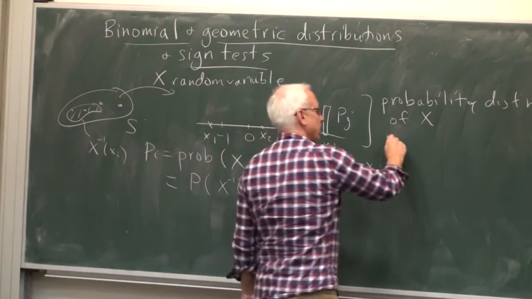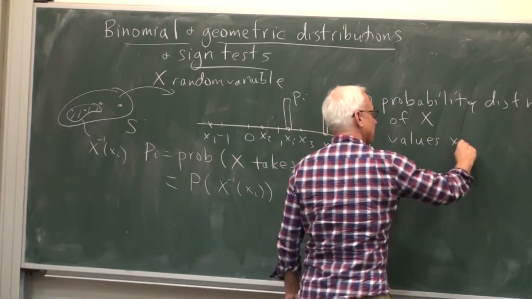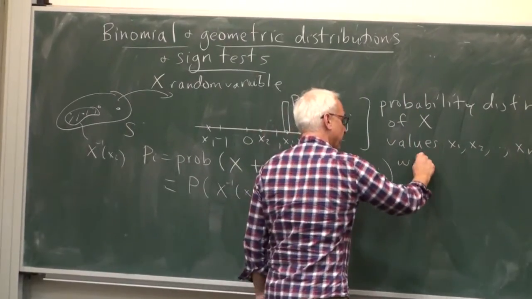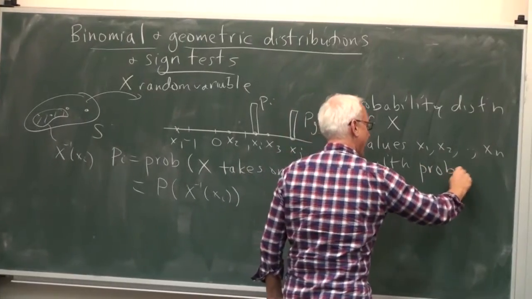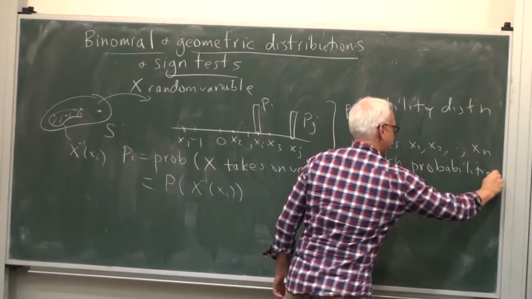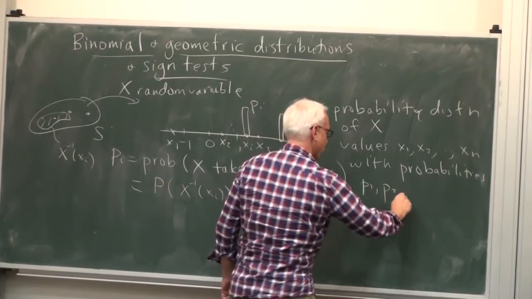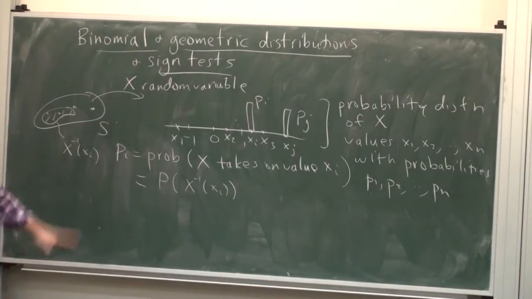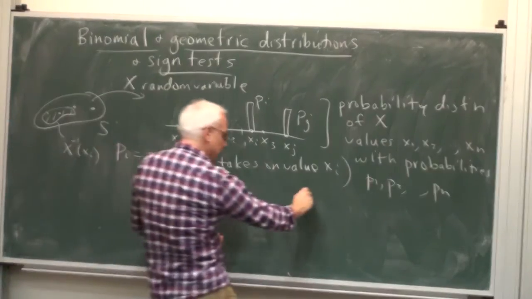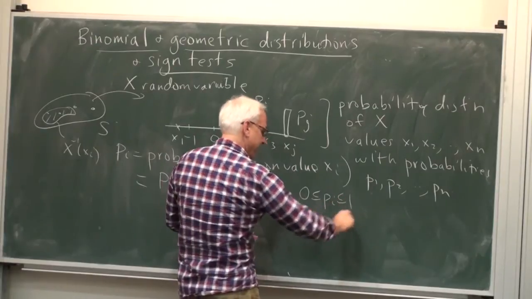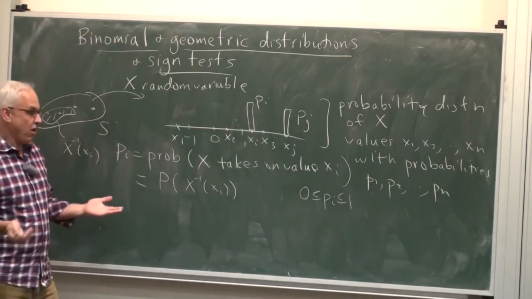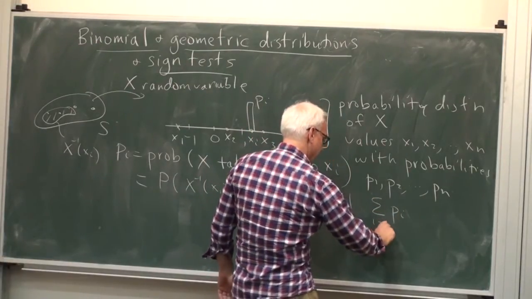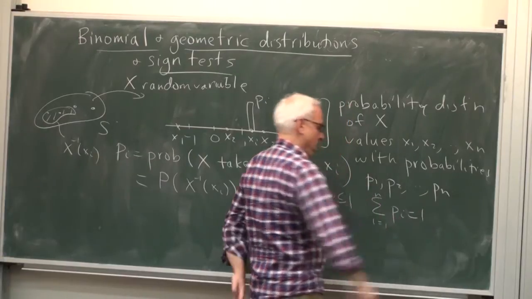And what it really amounts to is values, say x1, x2, up to xn, with probabilities p1, p2 through pn. And of course these have to be real probabilities, so they all have to be between 0 and 1. And they all have to add up to 1, so that the sum of the pi's from i equals 1 to n is in fact 1.